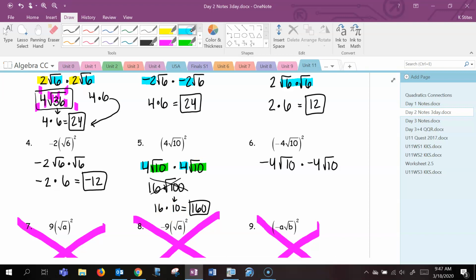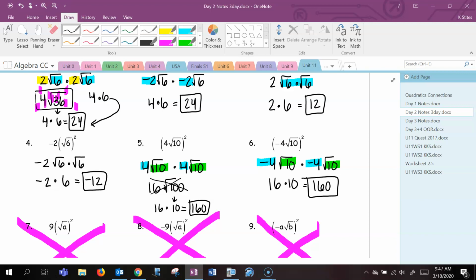Last one. -4 times -4 is 16. Root 10 times root 10 is just 10. 16 times 10 is 160. Ta-da!